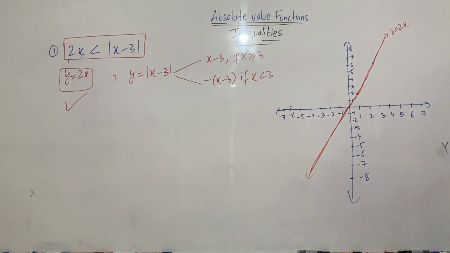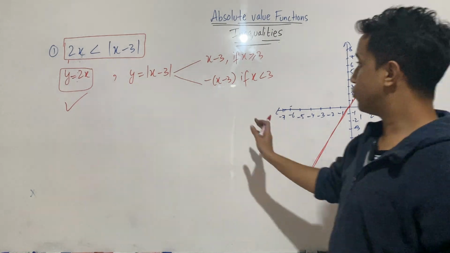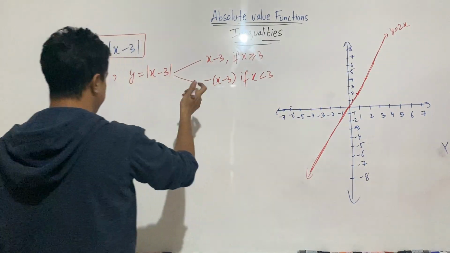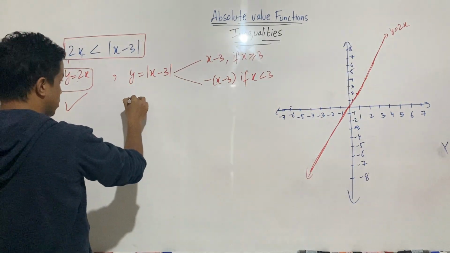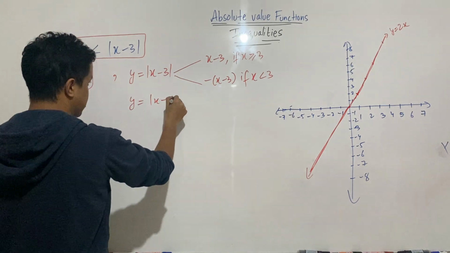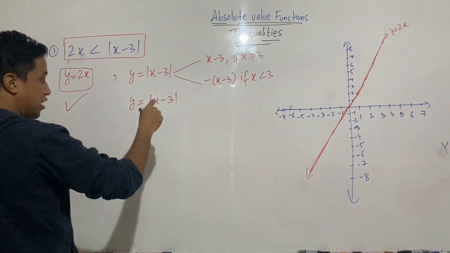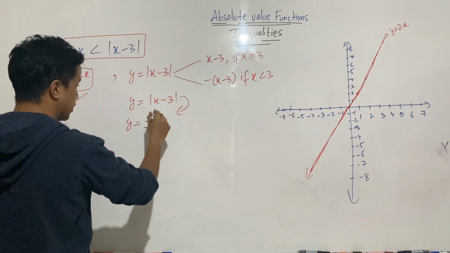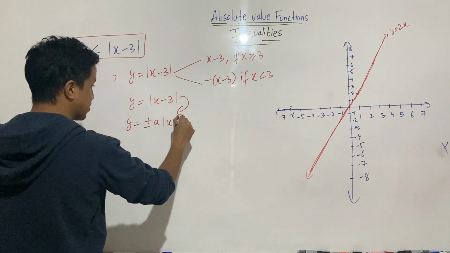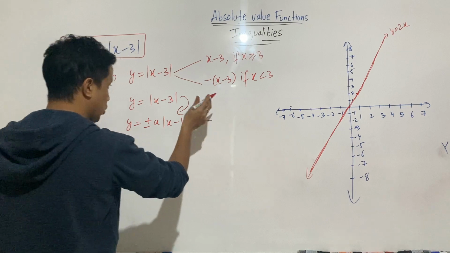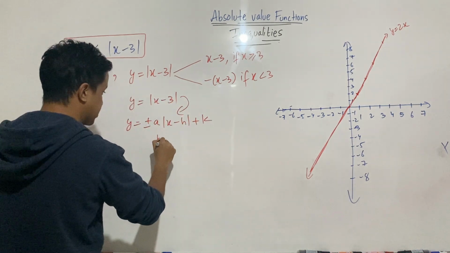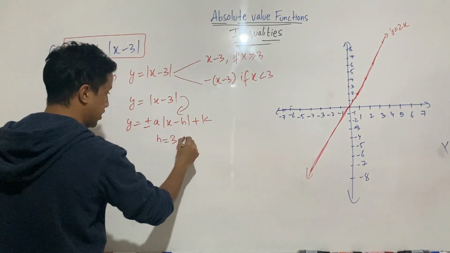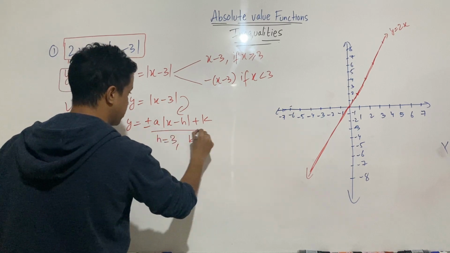If you look at this, y equals the absolute value of x minus 3. If you compare this with y equals plus or minus a times absolute value of x minus h plus k, you can see here the x-intercept is going to be 3 and the y-intercept is going to be 0.